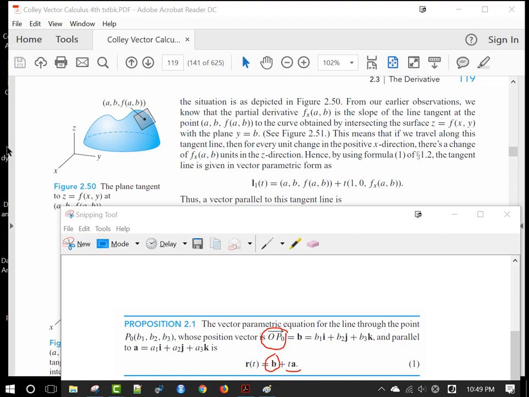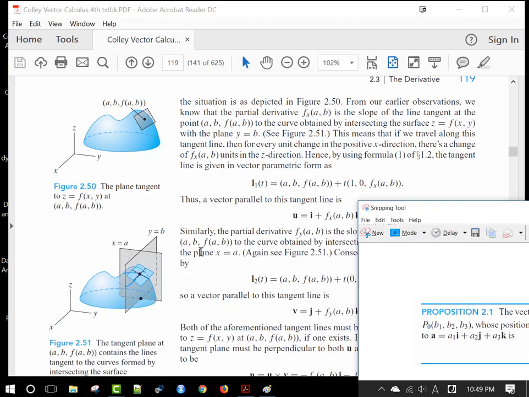So how do we get that? She says here, from our earlier observations, we know that the partial derivative, remember what we're doing here, we're in this plane, y equals b. So when we move in this plane, y is not changing. That's the whole point. Y is always equal to b in this plane. So when we move in this plane, we want to get a vector which is parallel to our curve.